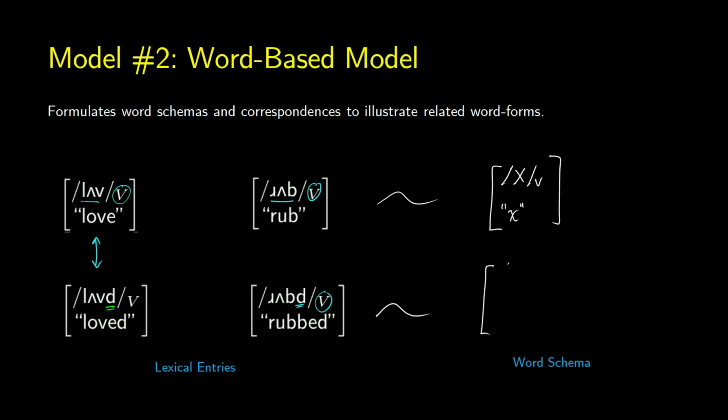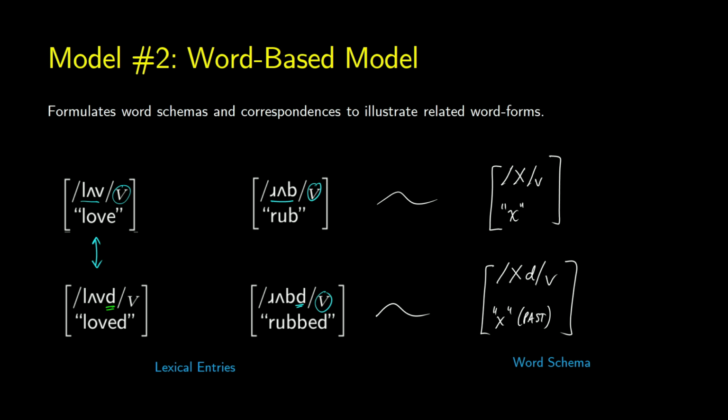Well, if we compare it to our original, there's still some part that's the same, love and rub. That's not changing. But these forms have a D at the end. So this is going to be XD. It's also a verb, and the meaning of this is going to be X, but in the past.